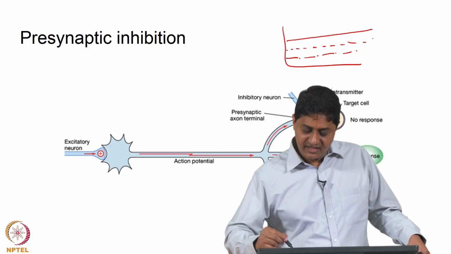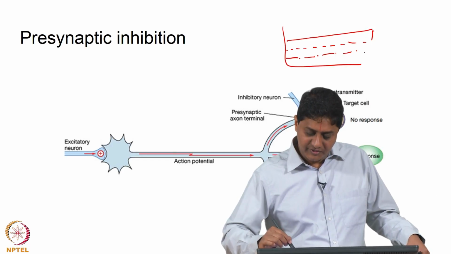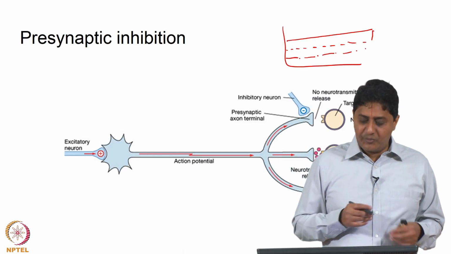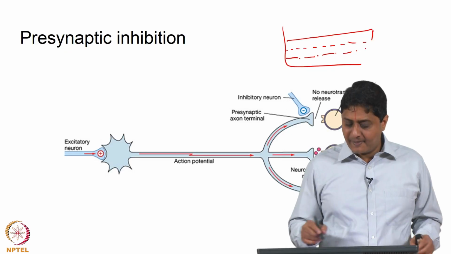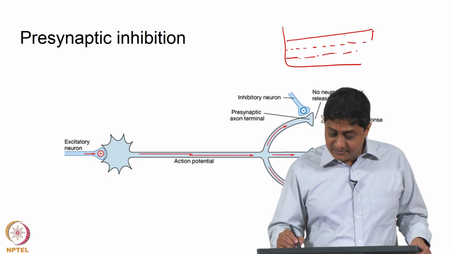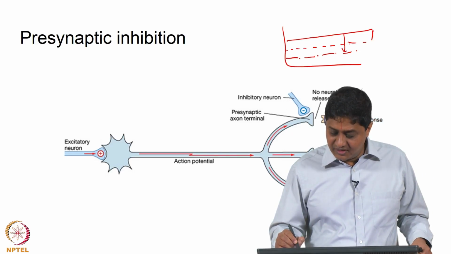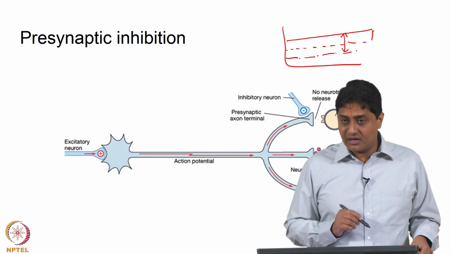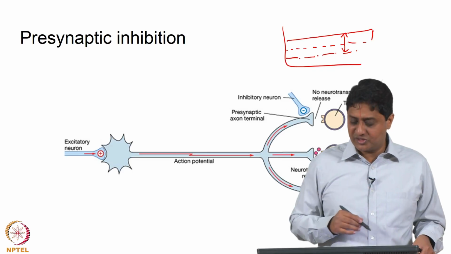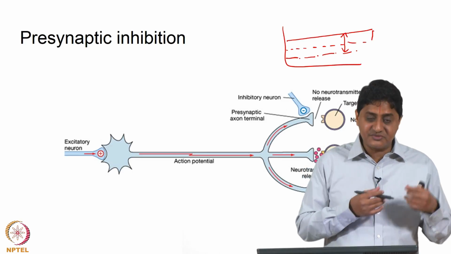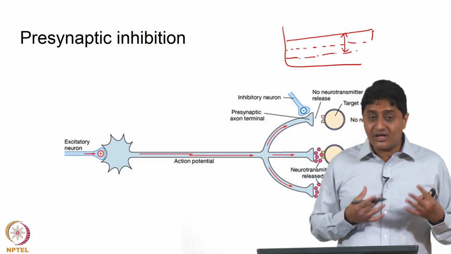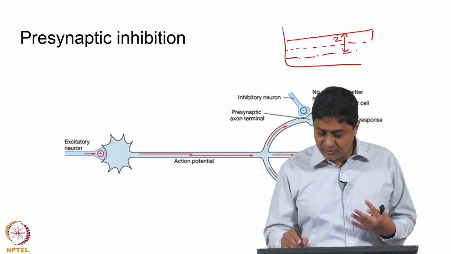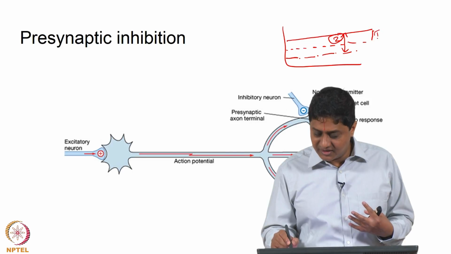In this case, the difference in the potential is smaller, so the number of calcium channels that will open for this difference is smaller, whereas in this case the difference between the membrane potential and the earlier resting membrane potential is larger. So, the number of calcium channels that will open will be larger, and the amount of influx of calcium will be larger in this case, which I am going to call case 2, and this I am going to call case 1.